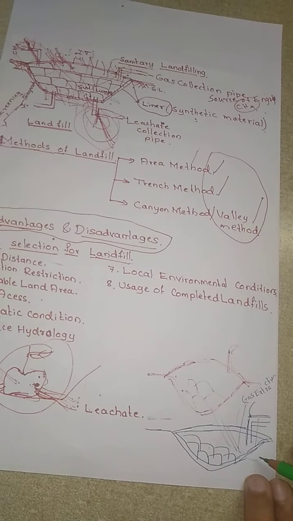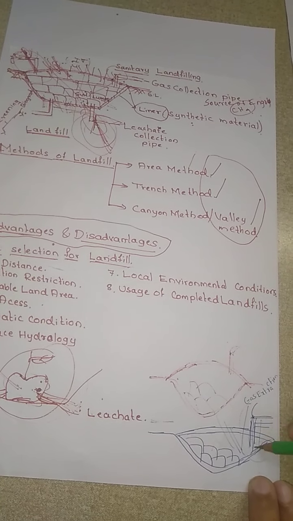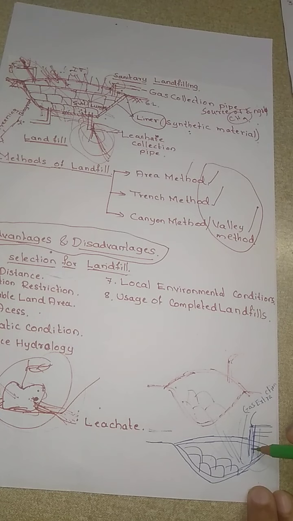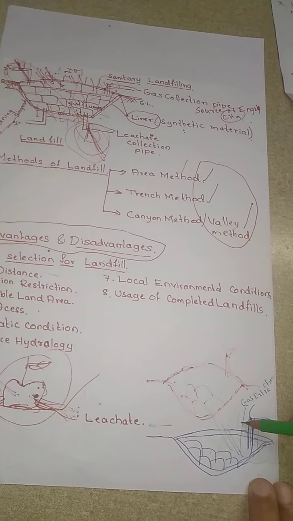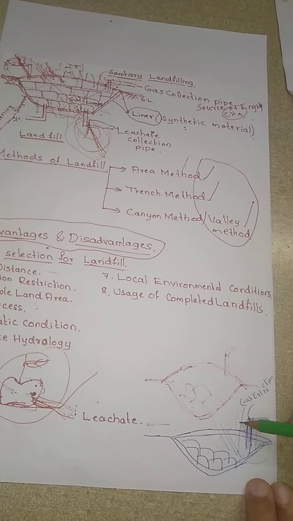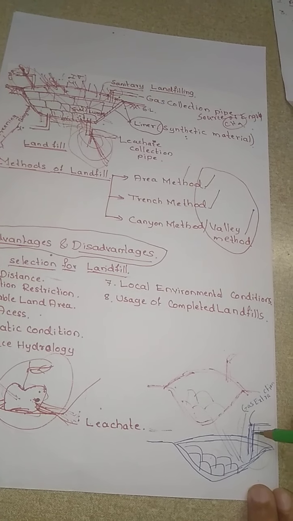Two thirds of the length of the gas extraction pipe will be PVC or PE pipe. Then the remaining one third will be perforated. It is going to have the perforations.